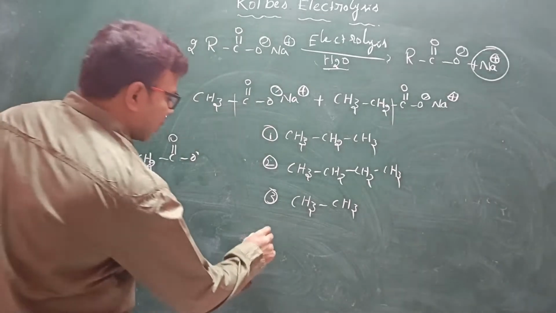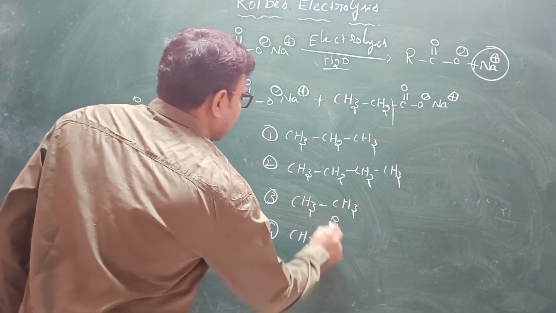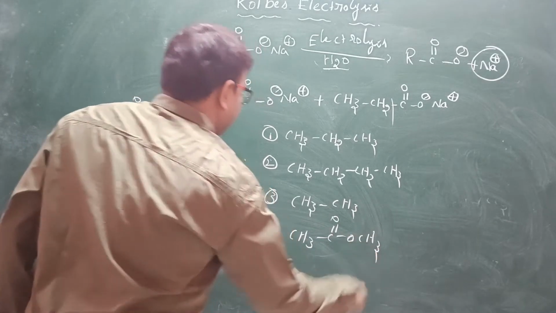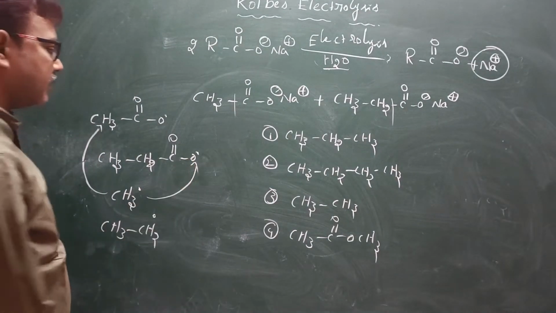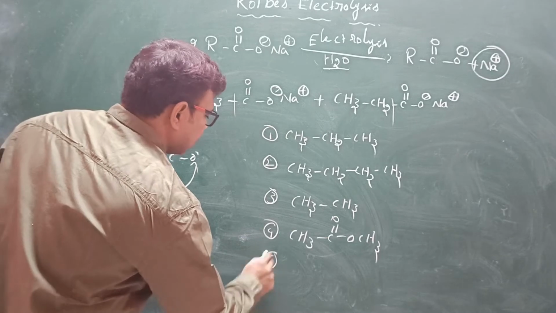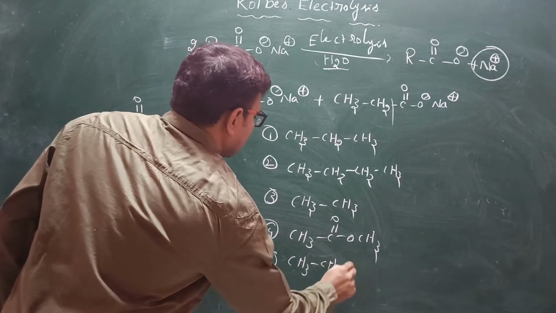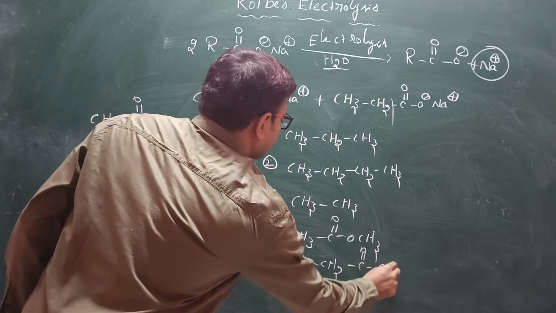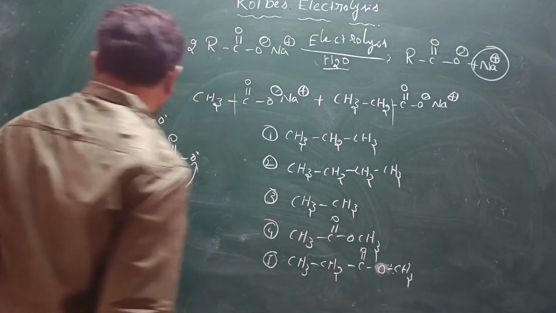So here another possibility, this CH3 free radical combined with the acyl radical, and you get product number 4, CH3C=OOCH3. Another possibility, this CH3 free radical attacks here, and you get another product, CH3CH2C=OOCH3.